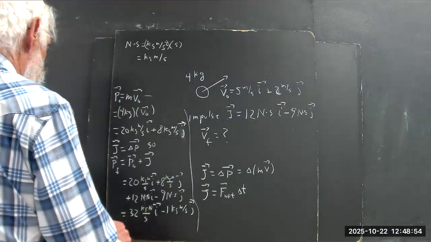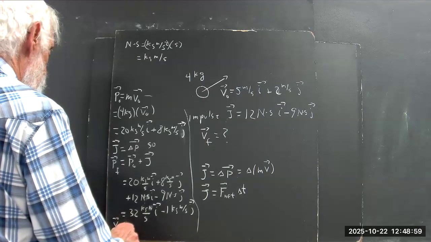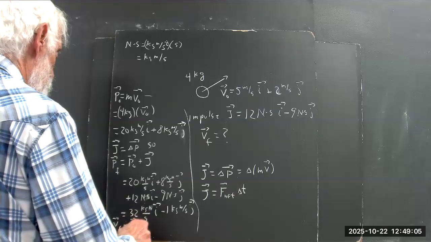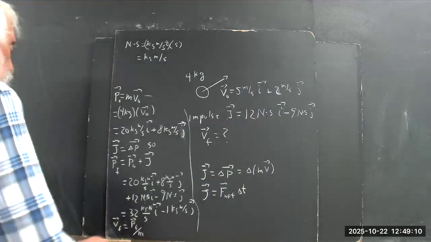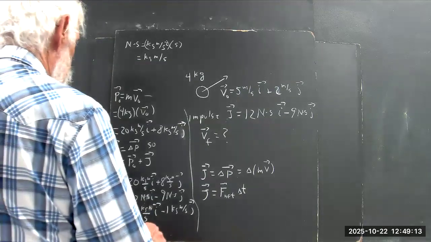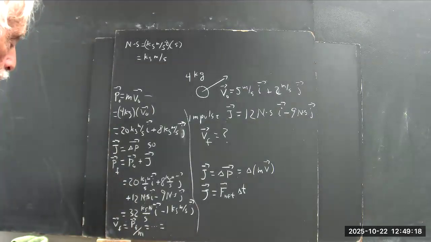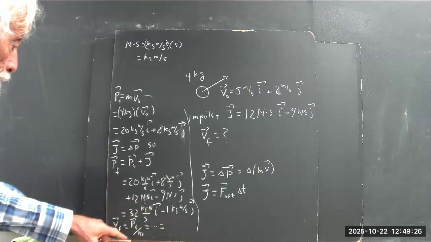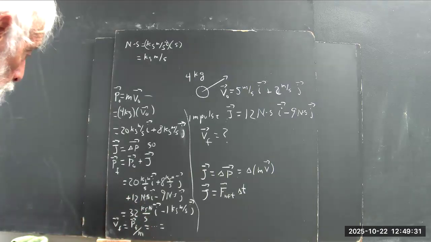Okay, so final velocity is final momentum divided by mass. Mass is 4 kilograms. If we divide kilogram meter per second by kilogram, we're going to get a meter per second. So we're safe in saying that when we do this division, everything is going to come out in meters per second if we just divide by 4.